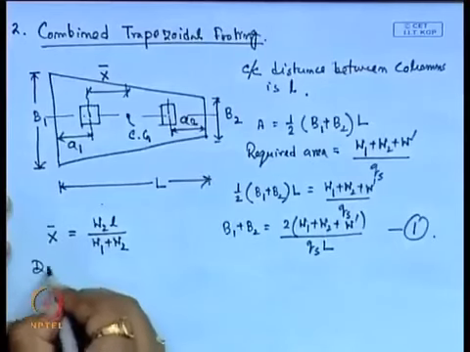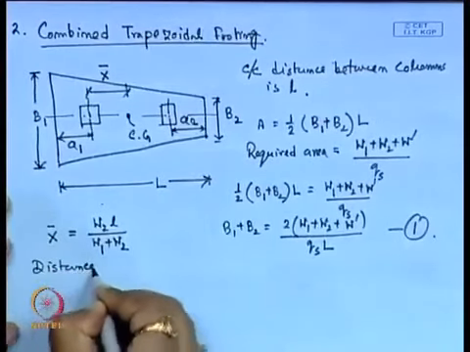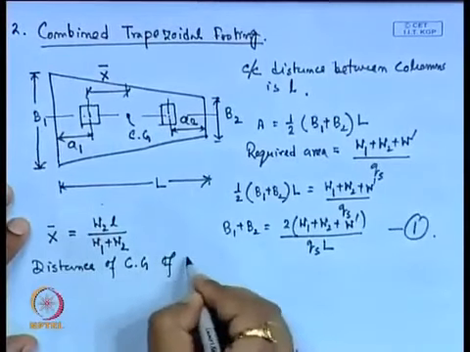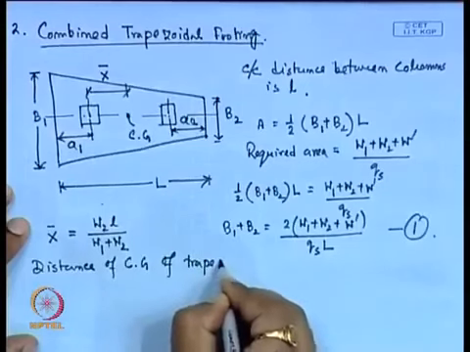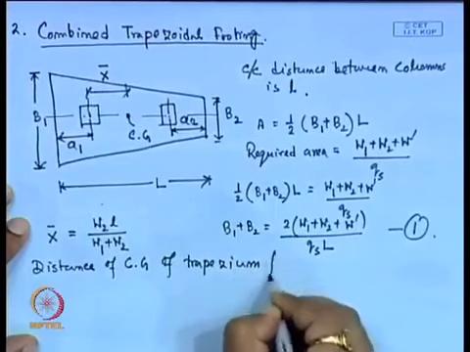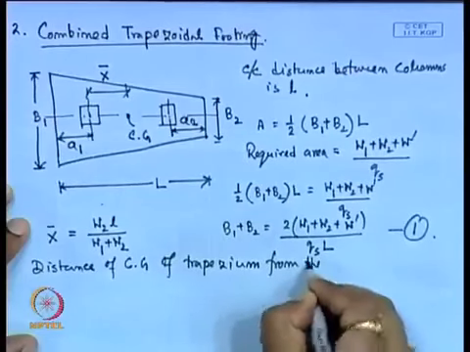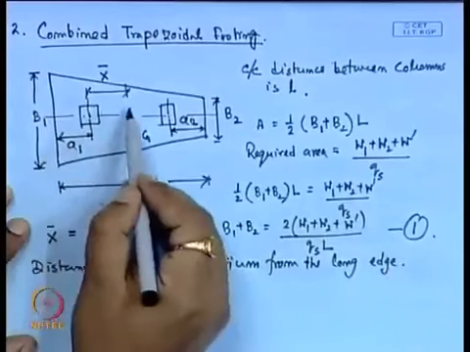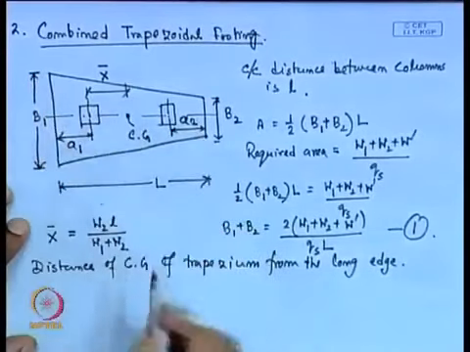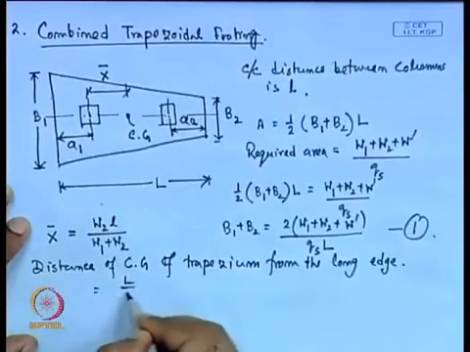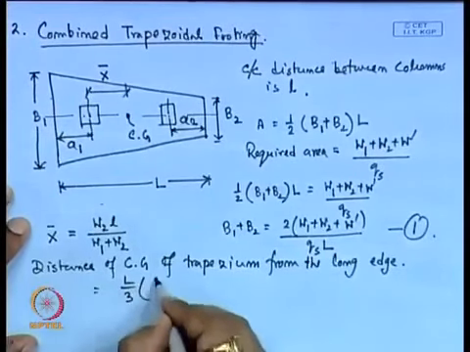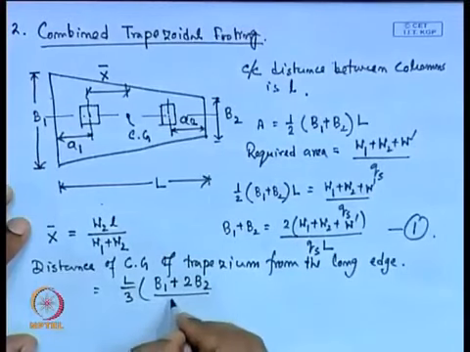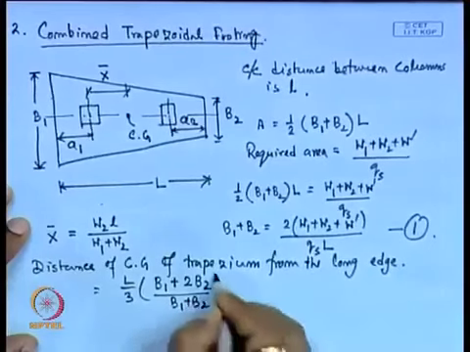Now, the distance of the CG of the trapezium from the long edge can be written by the expression L by 3 into (B1 plus 2 B2) divided by (B1 plus B2).